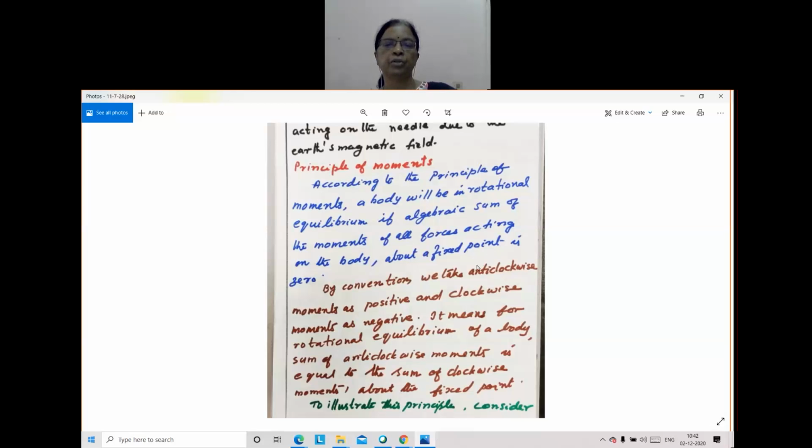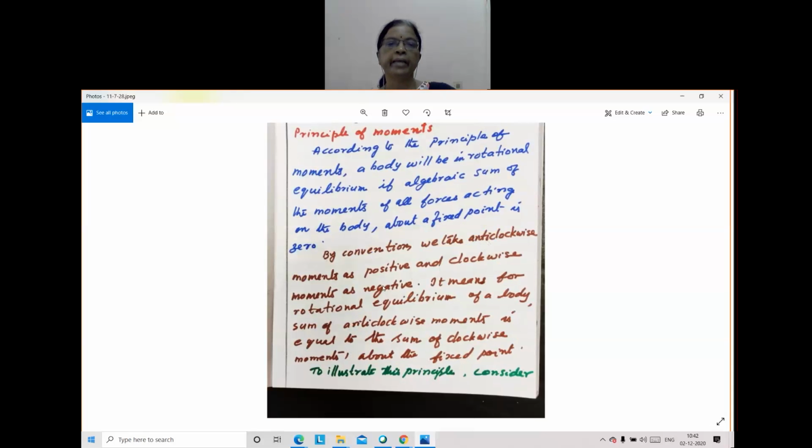The seesaw is rotating about the fixed point. By convention, we take anti-clockwise moments as positive and clockwise moments as negative. It means for rotational equilibrium of a body, the sum of anti-clockwise moments is equal to the sum of clockwise moments. Total moment is equal to 0. The body is in rotational equilibrium.